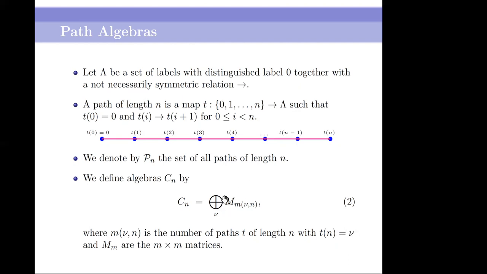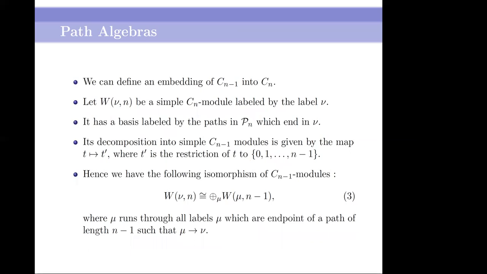So for every label that you can reach by a length n path, we consider the number of paths of length n that reach it, and we construct these matrices. And we would like to define an embedding of Cn minus 1 into Cn, one consisting of paths of length n minus 1.